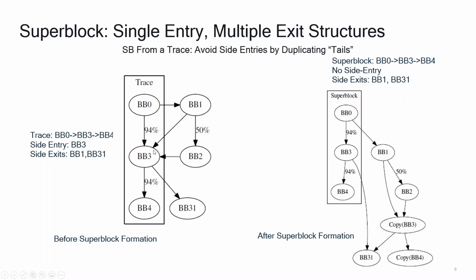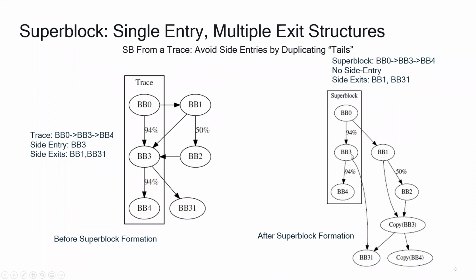So we have to get rid of side entries. How do we do that? We just duplicate code from BB3 to BB4. So from BB3, from a side entry, you duplicate the trace. The remaining part of the trace is BB3 and BB4. Whatever incoming edge was there into the side entry, you direct those edges into the copies of the replicated blocks.